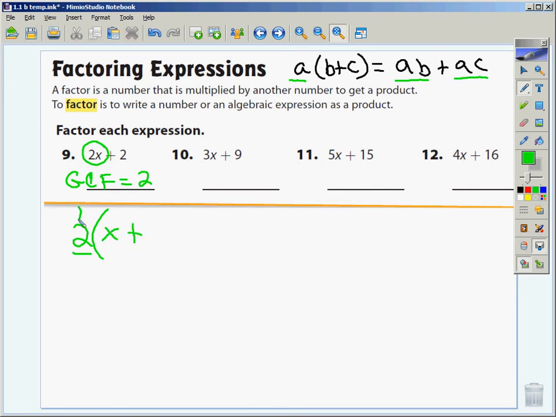What would I multiply the 2 by to get 2? 1. If I wanted to check my work, I could distribute it back through to make sure it gave me 2x plus 2. What's 2 times x? 2x. What's 2 times 1? 2. I can see that I'm going to get the same thing.